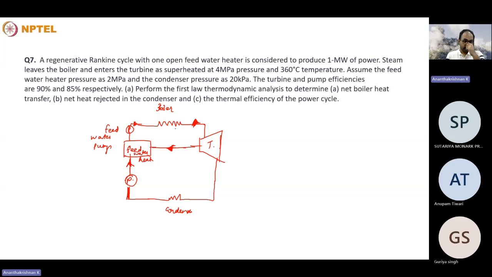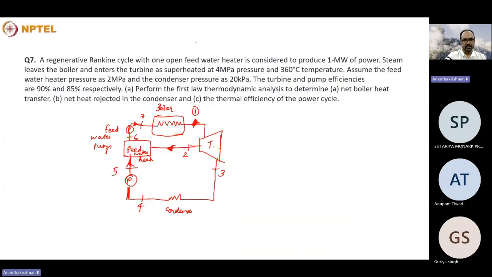So if I denote after the boiler, it will be 1, then this particular point can be 2, this is 3, condenser exit will be 4, pump exit will be 5, exit of the feed water heater 6, and this particular point 7.